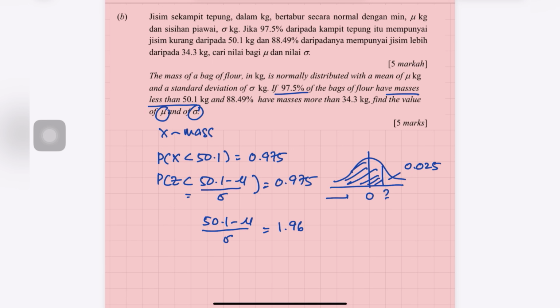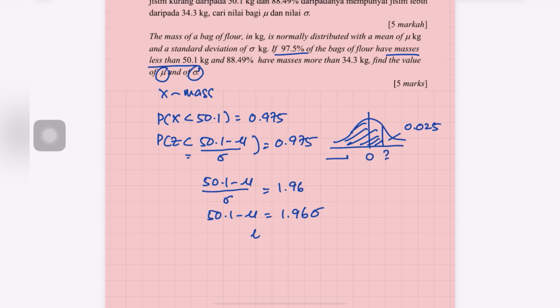Then we make mu or sigma the subject; we can choose either. So 50.1 minus mu equals 1.96 sigma. So mu equals 50.1 minus 1.96 sigma. This is equation 1.